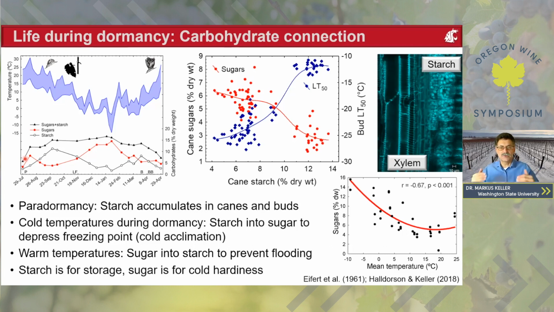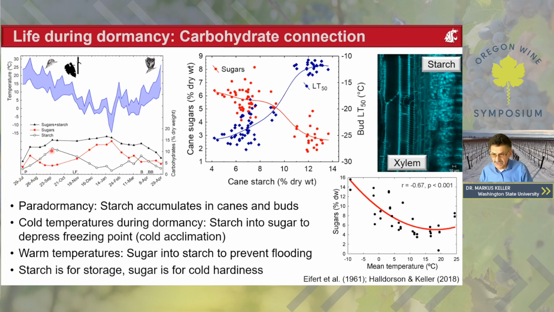Now we're getting into cold temperatures. The bud becomes dormant and starch is gradually transformed into sugar. You can see that this black line up here is the total carbohydrates in the buds, and that remains approximately constant during the winter. Down here we can see the white or empty dots are starch.